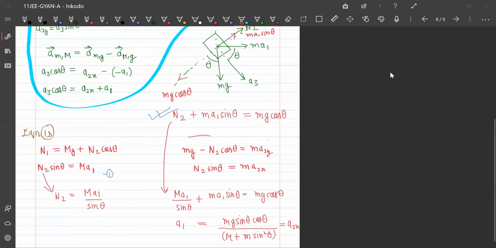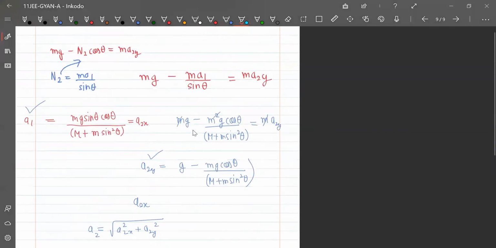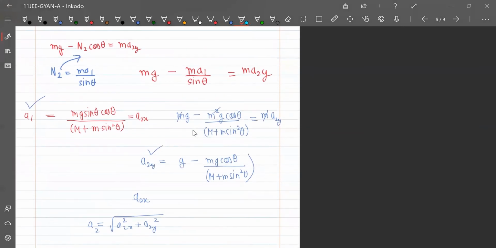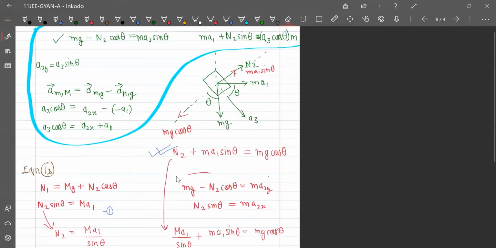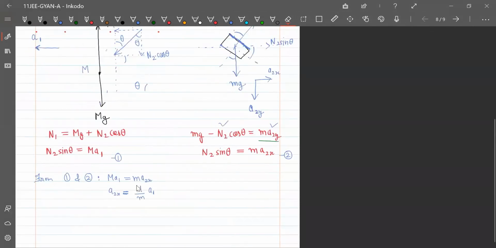Yeah, if you noted earlier, then note this part. But A1 is not equal to A2x. A1 और A2 में ये relation था.